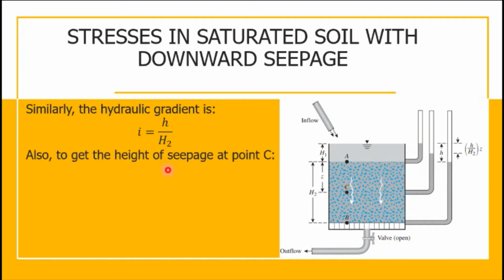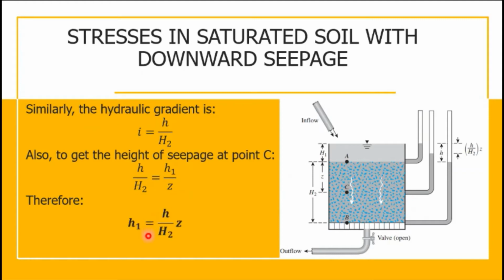So also to get the height of seepage at point C, let us again denote this as H sub 1 first. By ratio and proportion, this will be H over H sub 2 equals H sub 1 over Z. This will be the length of the soil at point C.